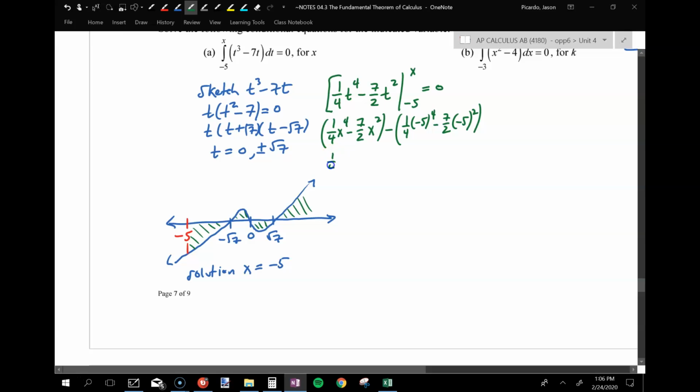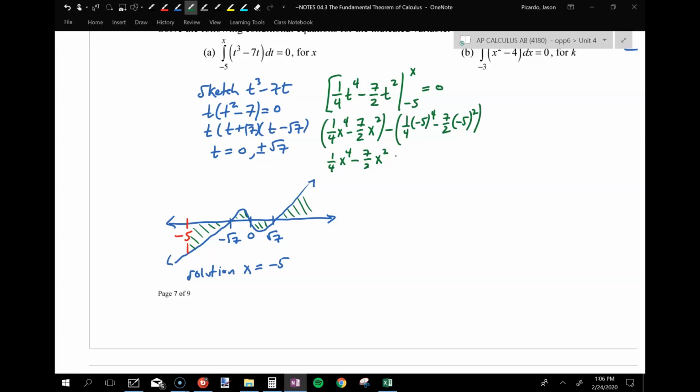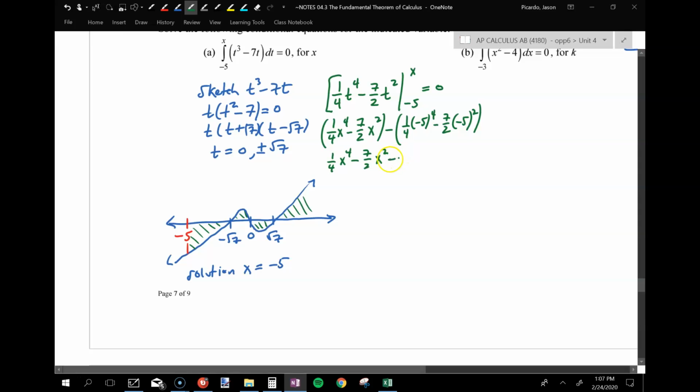That's going to give me 1/4 of x to the 4th minus 7/2 x squared minus, I think it's actually going to be plus. Guys, I'm a math teacher. Believe me, I promise you, you're going to get minus 275 fourths equals 0.